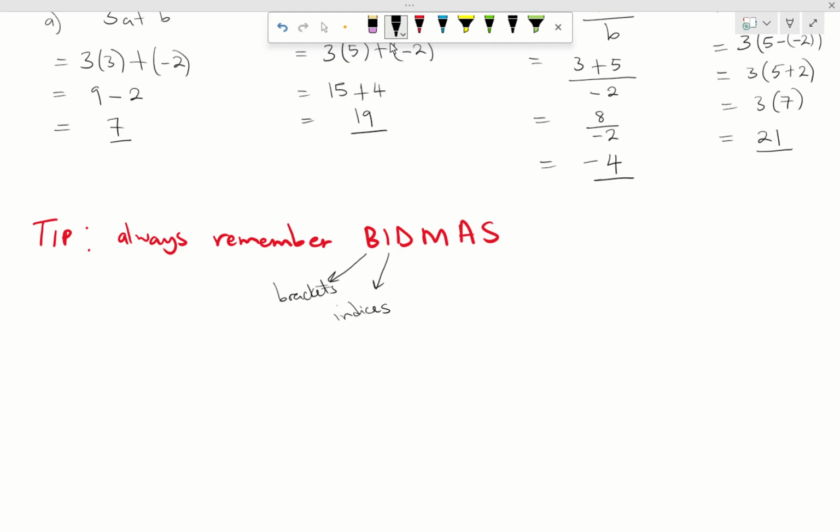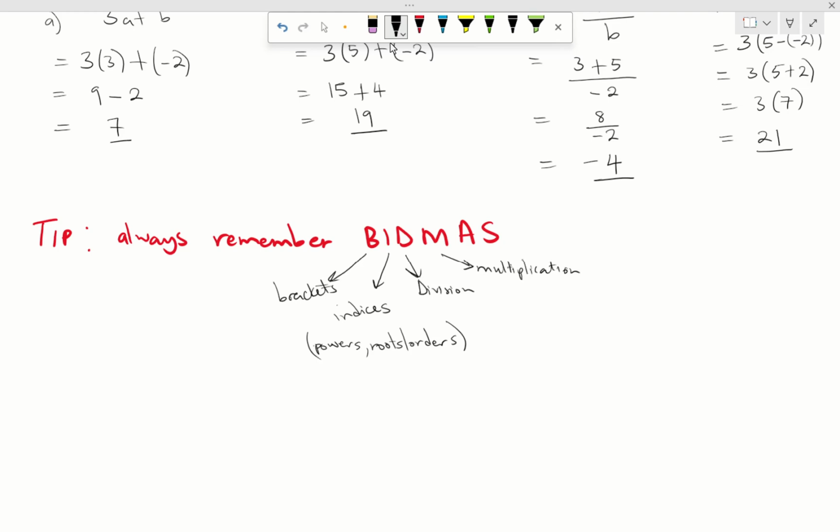We're talking about powers, when we say 3 to the power 2, something like that. We're also talking about roots or orders. And then D stands for division, and M stands for multiplication.